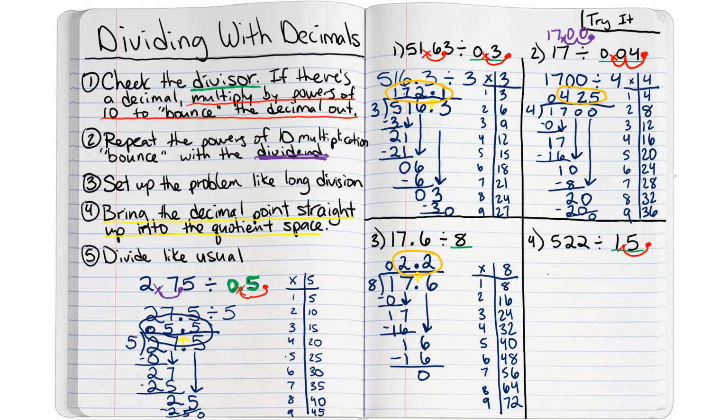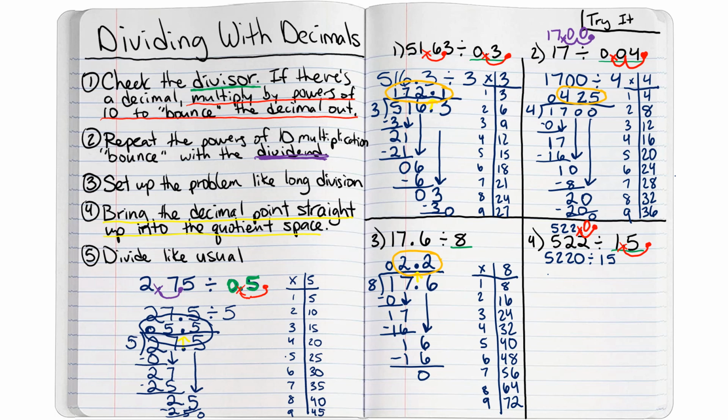All right, 1 jump there, and I can see up here in my dividend, I'm going to need to show my decimal point and multiply by 1 power of 10 jump. Since I've got an empty space, I'm going to fill it in with a 0. And the new problem that I am going to be doing is 5,220 divided by 15.